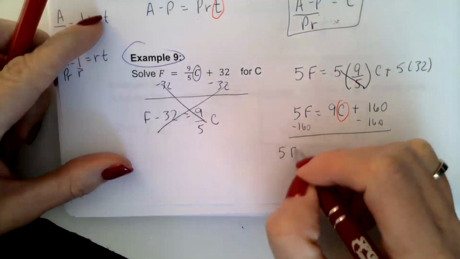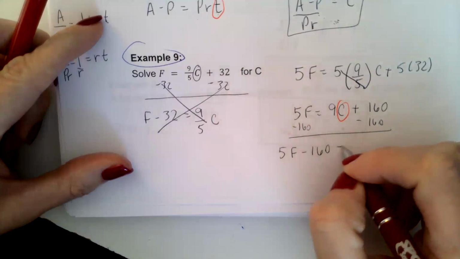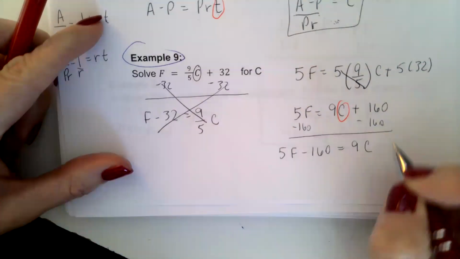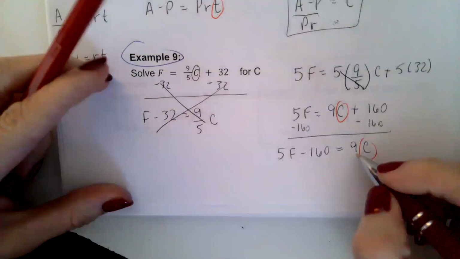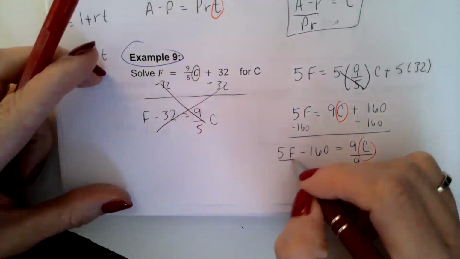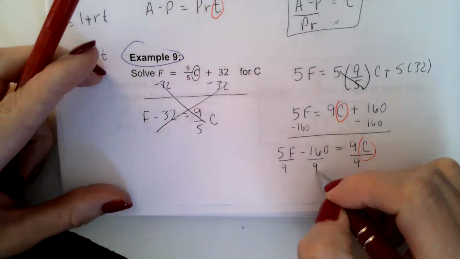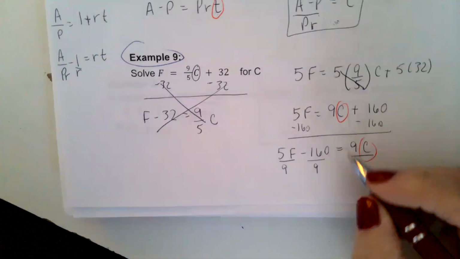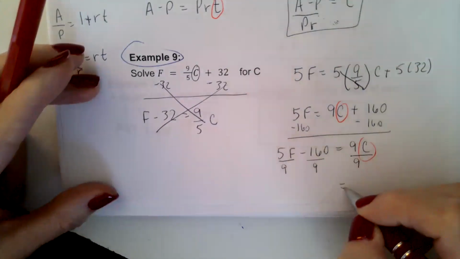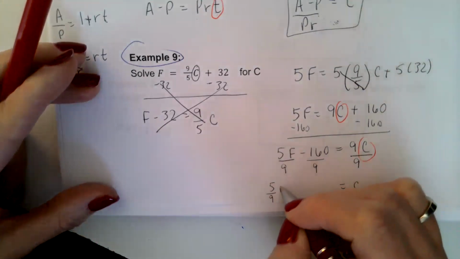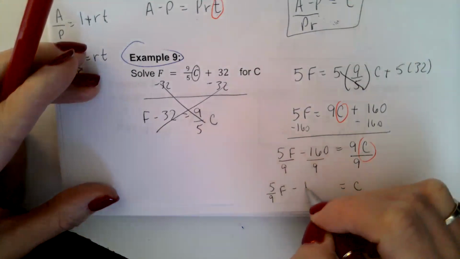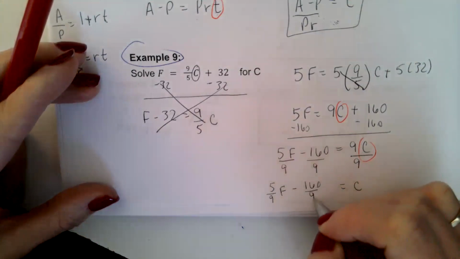So 5F minus 160 equals 9C. So to solve for C, we've got to divide each of these by 9. So C equals 5/9 F minus 160 over 9.